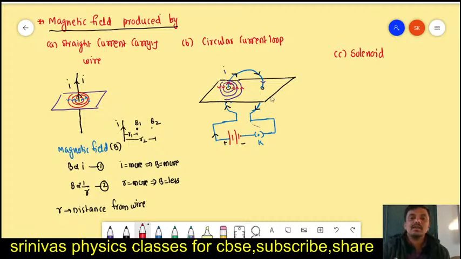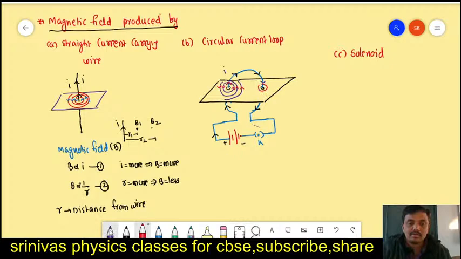Similarly, in this part the current is entering. On the right side, the current is downward. The thumb shows the direction of the current, current downward, and the field lines will be like this, clockwise. Right? They are in circle shape. This is the field line pattern.